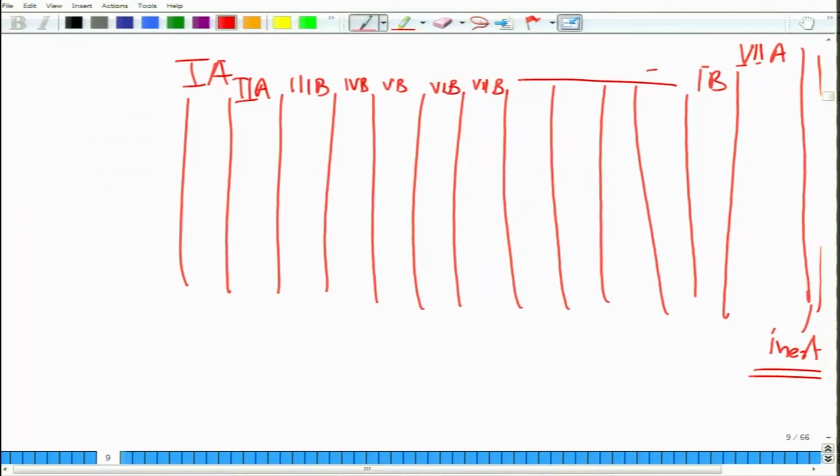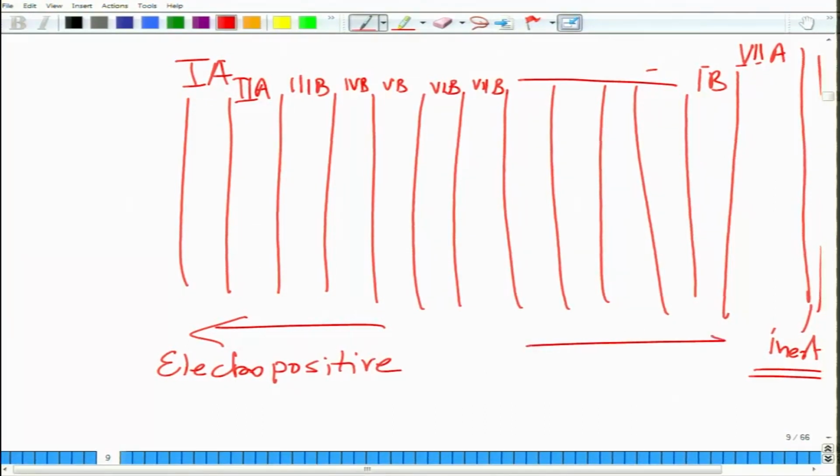So as you go from left to right of the periodic table in terms of number of columns, on the left you have elements which are called as electropositive. On the right, just before the inert elements, you have elements which are called as electronegative. And what is this specific thing about electropositive elements?